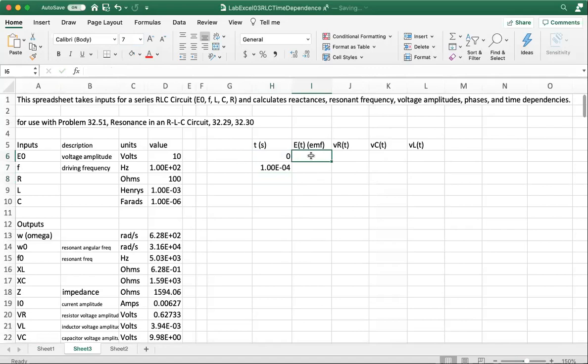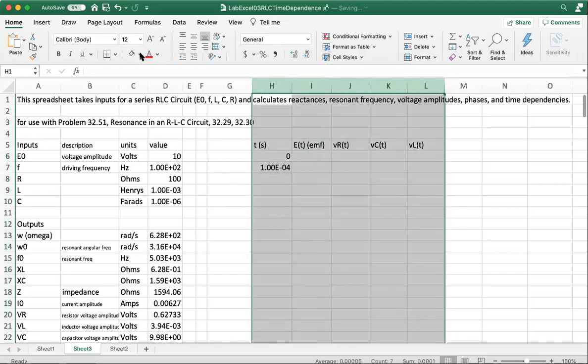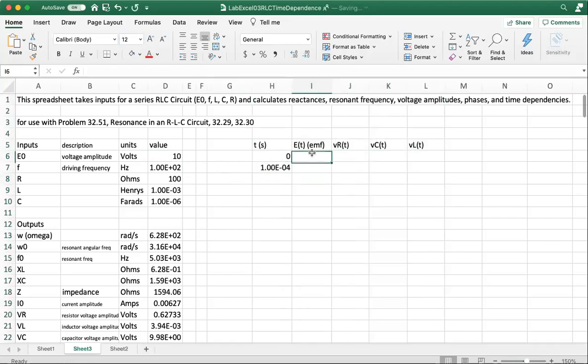All right, so now I just want to implement these other equations. So EMF, that's defined a certain way. I select them all, and I just want the font to be 12. Oh, looks like it worked. Okay, so I want my voltage amplitude times cosine omega t.